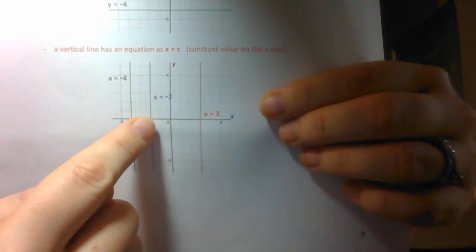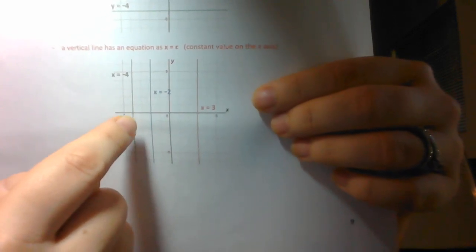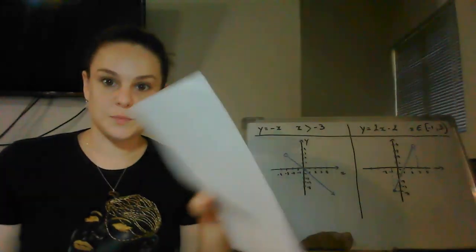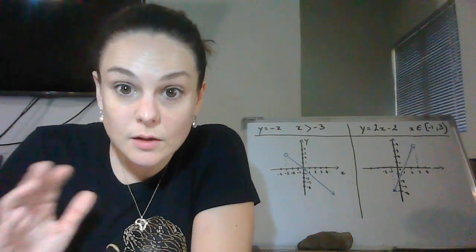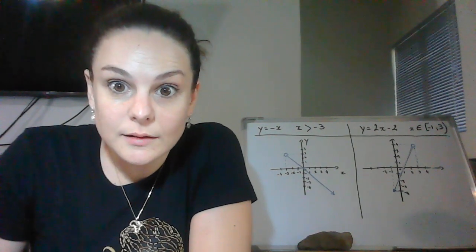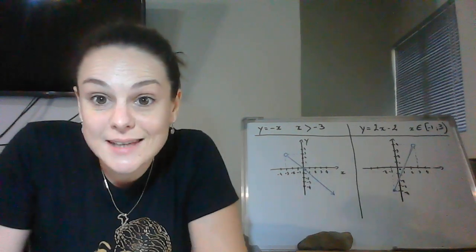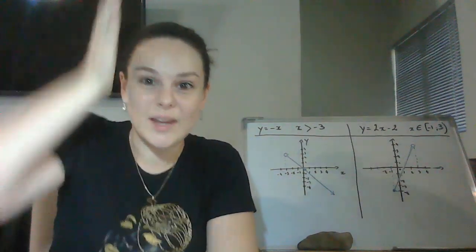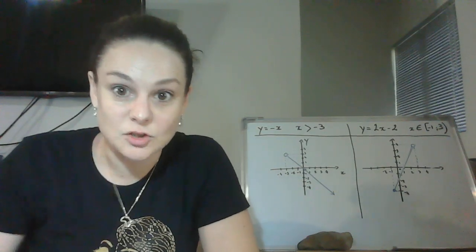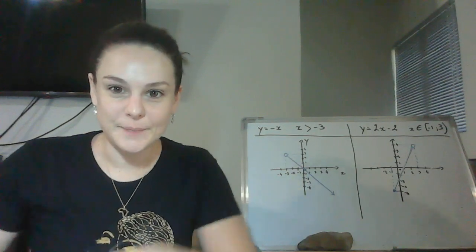You can get x equals minus 2, a vertical line in the negative x's, or x equals minus 4. Any value is possible. So, if x equals a constant, you create a vertical line at that specific x point. In this case, the gradient is infinite. The line is growing at an infinite rate directly straight up. Alright, next page.